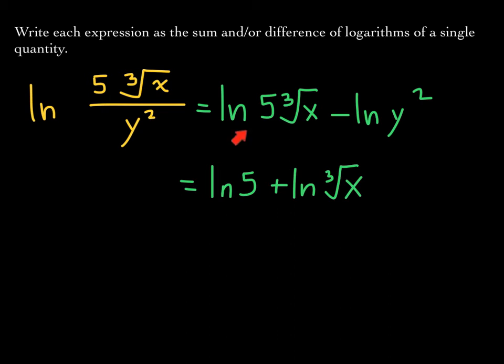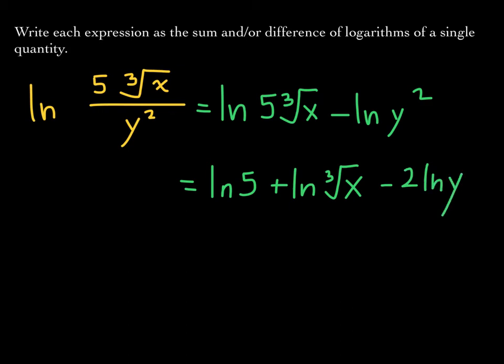I'm talking about up here. 5 is the first factor, cube root of x is the second factor. So that was me rewriting this single logarithm as a sum of these 2 logs. In this same step, I'm going to use the power rule to bring this 2 down to the front, so you're going to see me write minus 2 times the natural log of y.